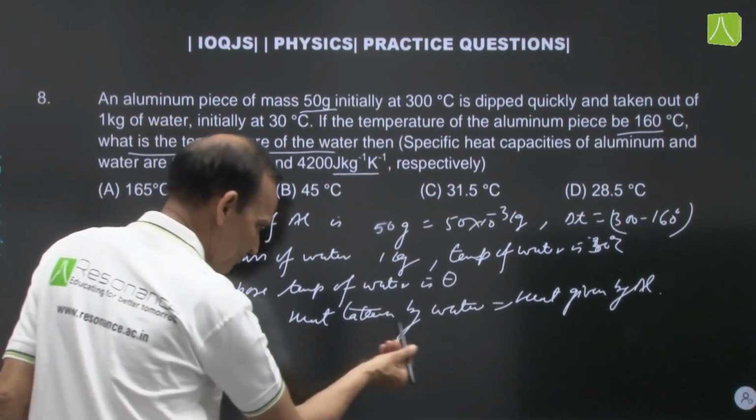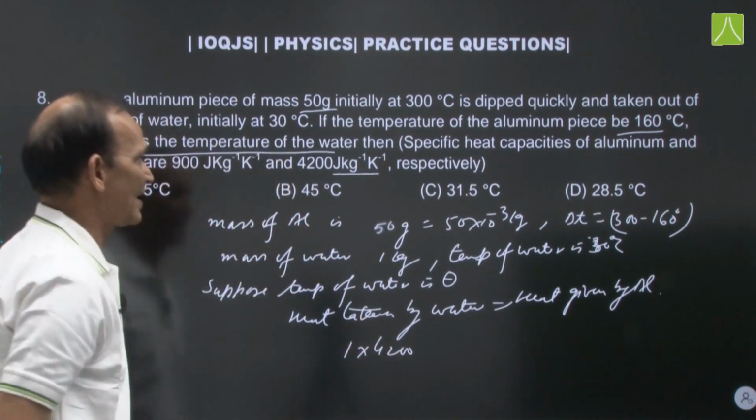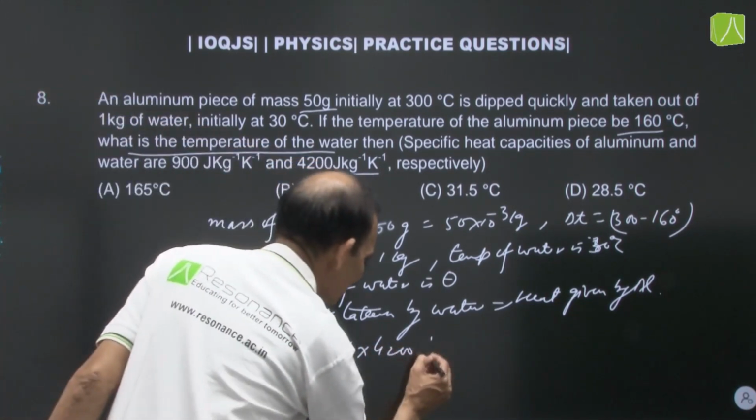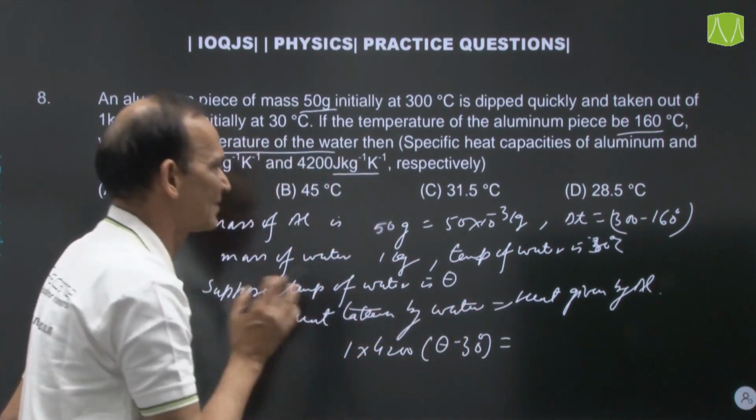So the mass of water is 1, specific heat 4200, and its temperature increases from 30, so theta minus 30 degree, that will be the heat given by aluminium.